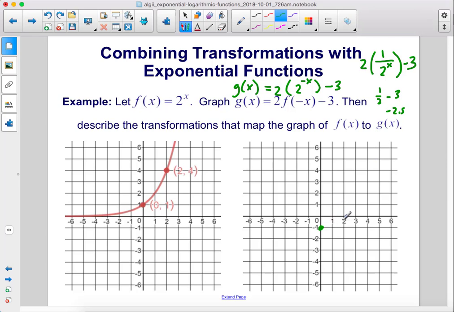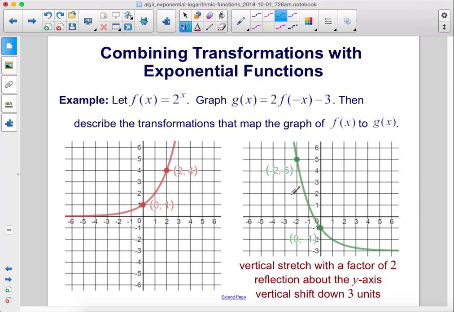So that's when x equals 2. We have a point down here. What about when x equals negative 2? So if x equals negative 2, we would have negative 2 in the exponent here, so it would flip back up to the top. So that would become 2 squared, which is 4, times 2, which is 8, minus 3 is 5. So we're going to have this point right up here. So this looks something like that.